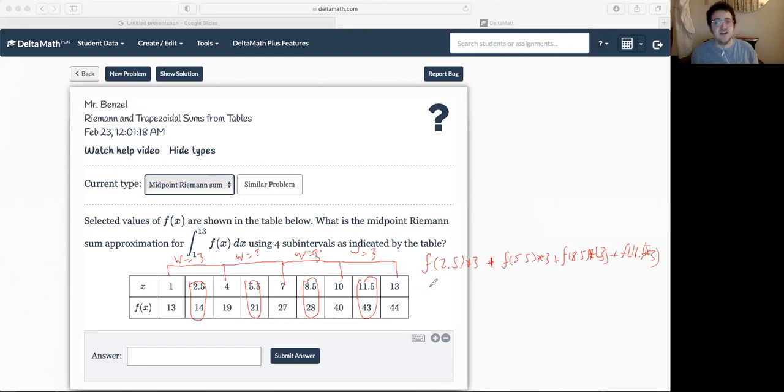And then I'm just going to put in one thing that you could do as a shortcut, since the widths are all the same. What some people like to do is pull out the 3. So then you're just going to add f of 2.5 plus f of 5.5 plus f of 8.5 plus f of 11.5.